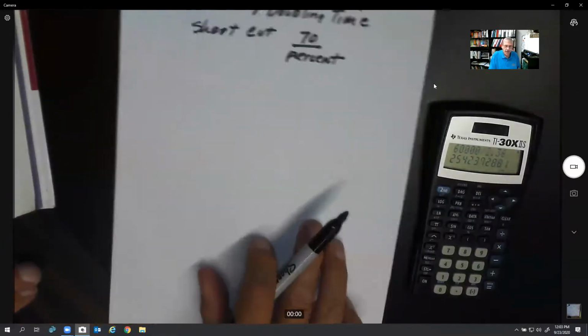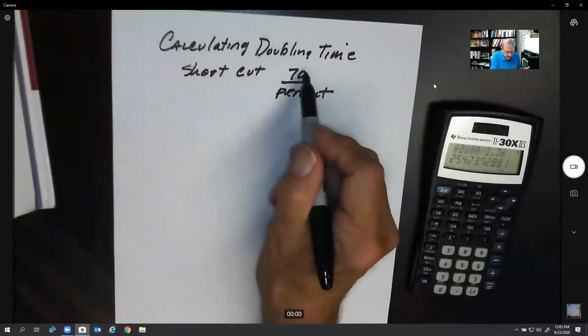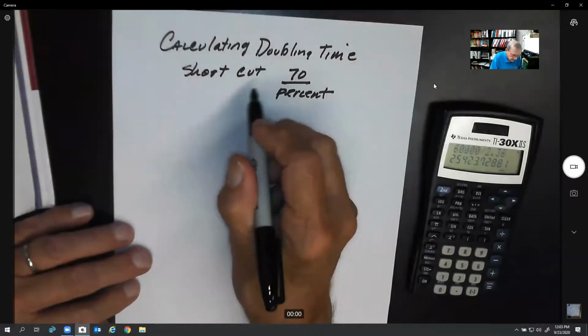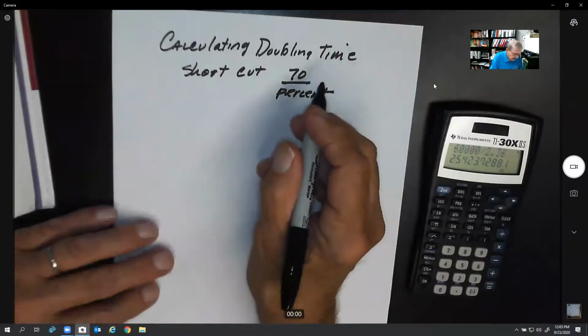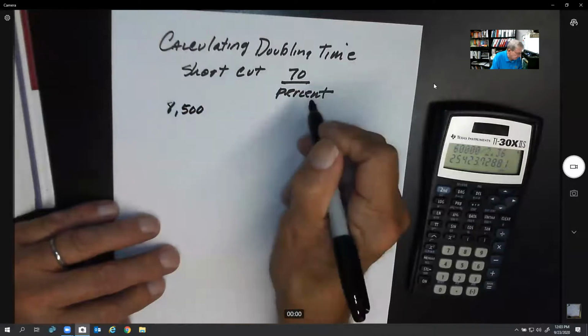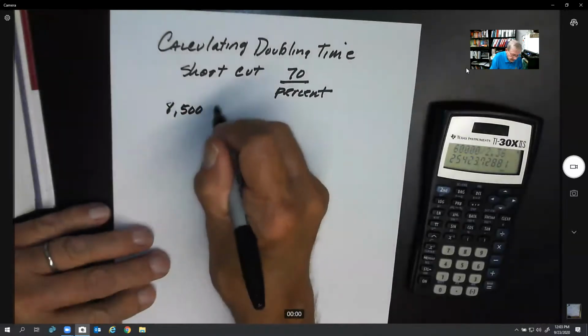Let me show you a shortcut to the doubling time: 70 divided by the percent. You always use 70, and you always divide the 70 by the percent, and it will always show you the doubling time. If you want this $8,500, which is your initial investment, to double, how many years?